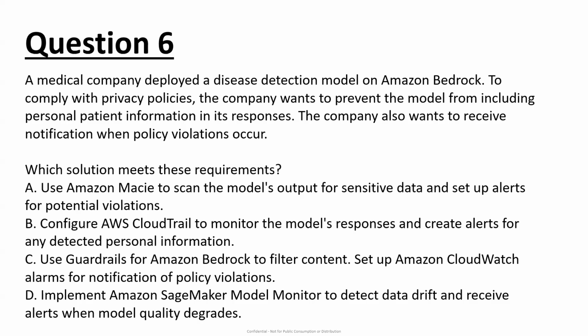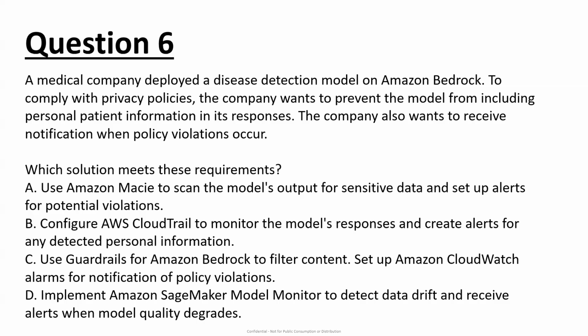Like I told in the beginning, Guardrails is the service by which we can prevent the model from exposing personal patient information, in healthcare also. So Guardrails should be the answer for that, but they also want to receive notification when a policy violation occurs. So a CloudWatch alarm can be the best fit here, which can send the notification.